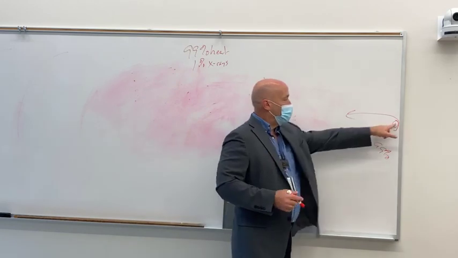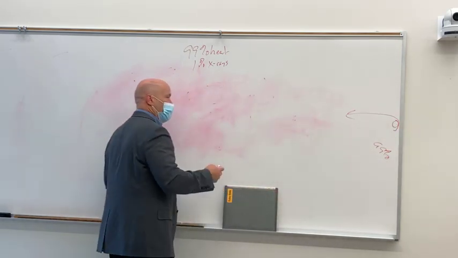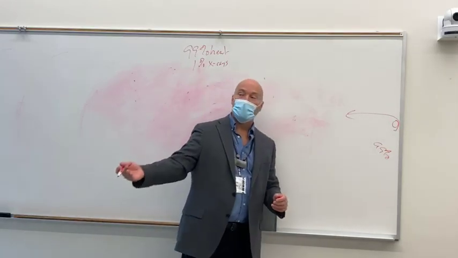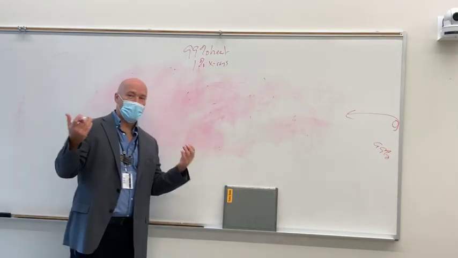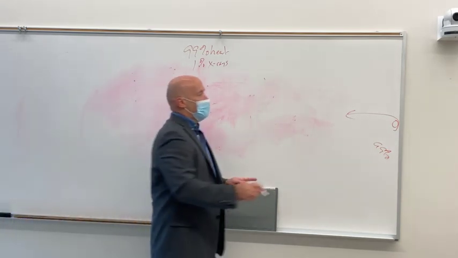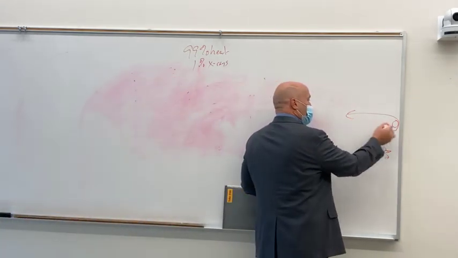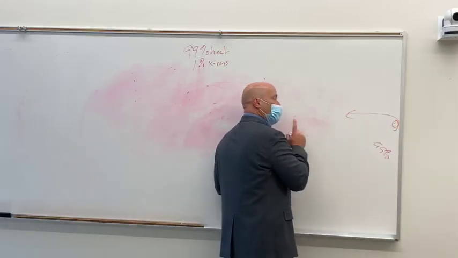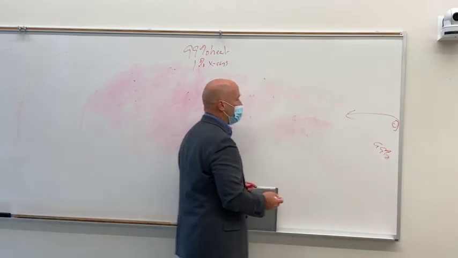So little bitty Earth, with all these asteroids coming towards it, in order to get into the gravitational pull of the Earth, they have to get closer to the Earth. So the electrons, to be that greatly affected by the pull of the nucleus, likewise have to get close to the nucleus.